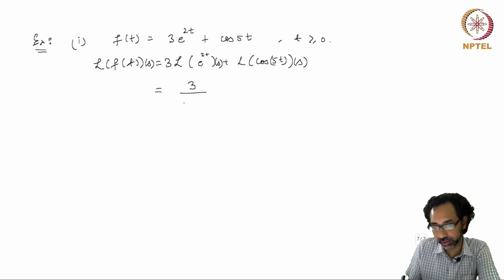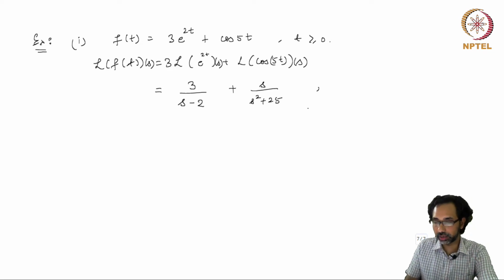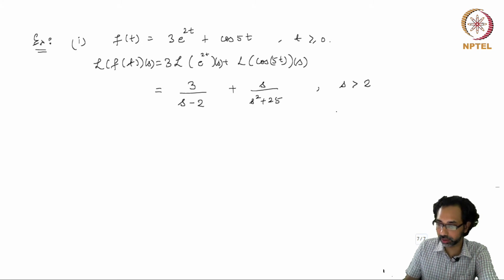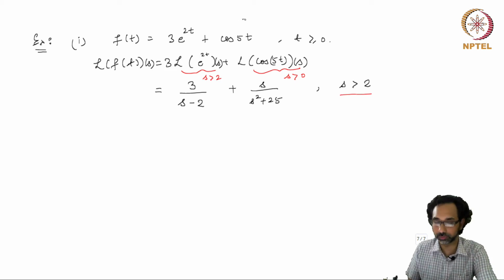So the first one is simply 3 over s minus 2, and the second one is given by s over s squared plus 25, and the region of convergence is the intersection of the two regions of convergence, which is here simply s greater than 2, because this one is defined for s greater than 0 and this one is defined for s greater than 2. So the intersection is simply s greater than 2.